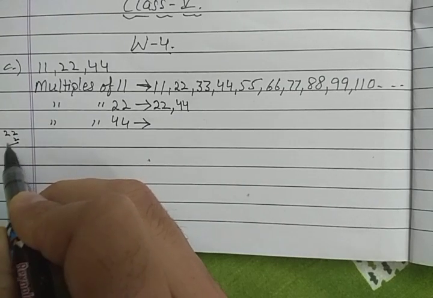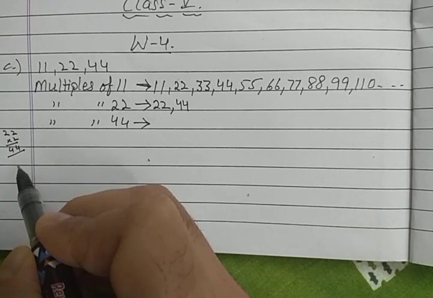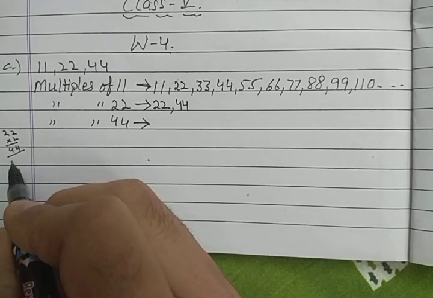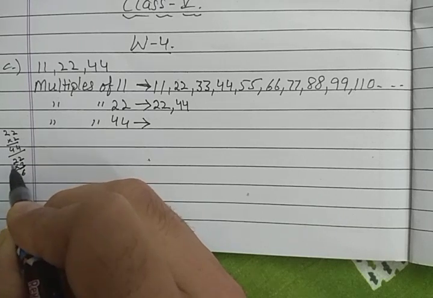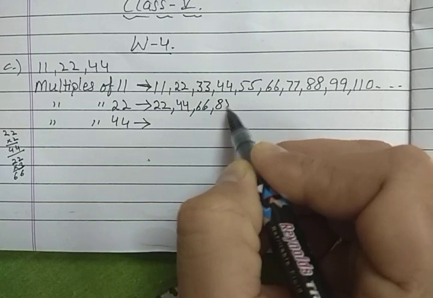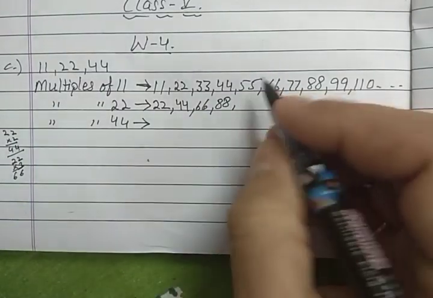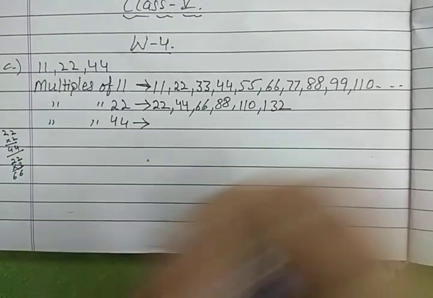So 2 twos are 4 and 2 twos are 4, 44. Then for the third multiple, you multiply 22 by 3. That means 3 twos are 6, 3 twos are 6, 66. Similarly, 88, then 110 and then 132.